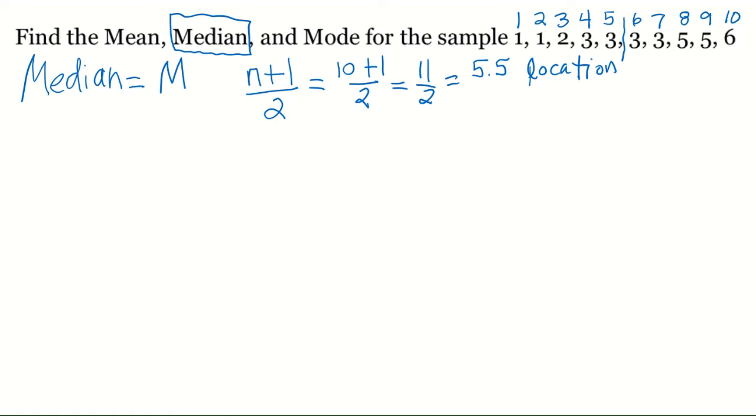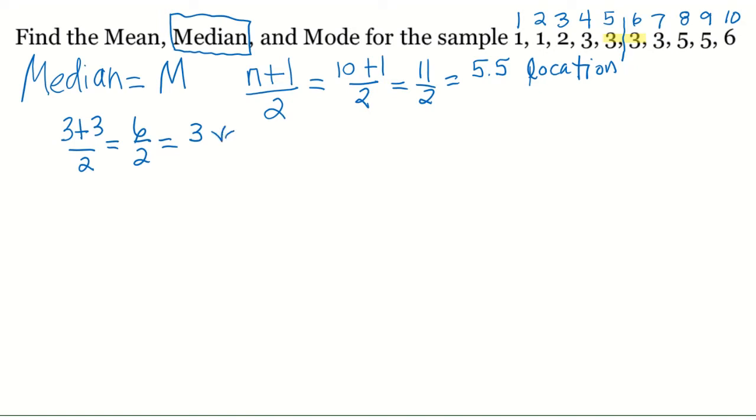But 5.5 is not on an actual data point, so because of that, we're going to want to find the average of the 2 points that are before and after that location. So that means we're going to take 3 plus 3 divided by 2, which is going to give me 6 divided by 2, which equals 3.